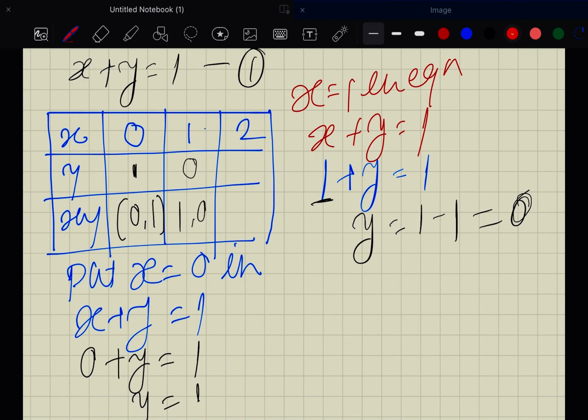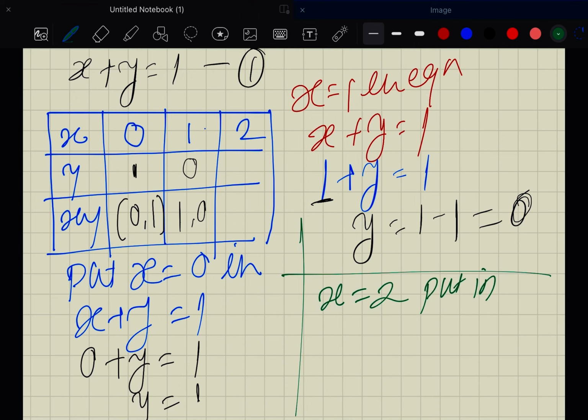Now the third condition. For that we know the value of x. So x is equal to 2. Put it in equation 1. So write down the equation x plus y is equal to 1. But we know that the value of x is equal to 2.